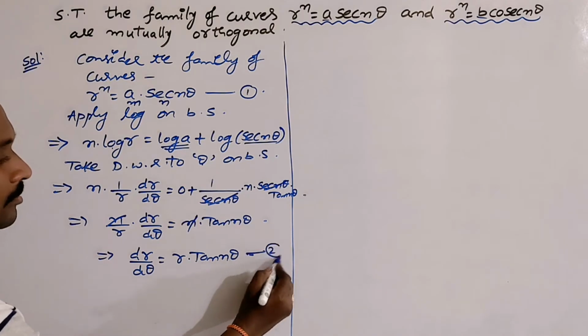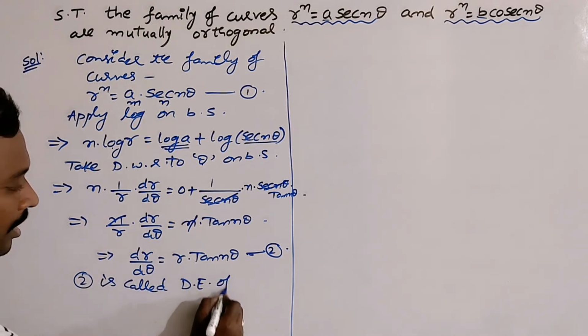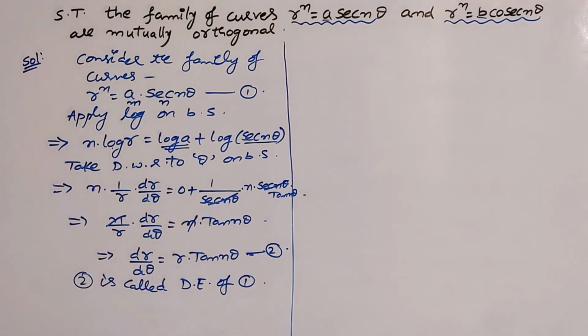Take it as equation number 2. Clearly we observe that in this differential equation the parameter is not involved. That's why this is called the differential equation of the given family 1.